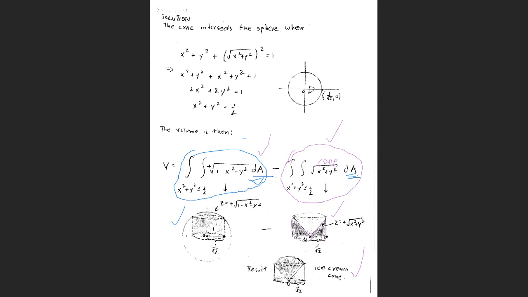Now that I've set up how I'm going to do the problem, now I'm going to decide, should I integrate with respect to polar coordinates or rectangular coordinates? Well, if I stick to rectangular coordinates, I'm going to have square roots involved. Square roots are difficult to deal with. Remember the Lagrange multipliers problems when you had to find the minimum distance?